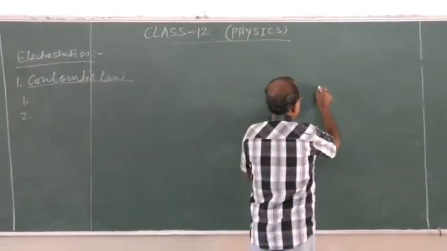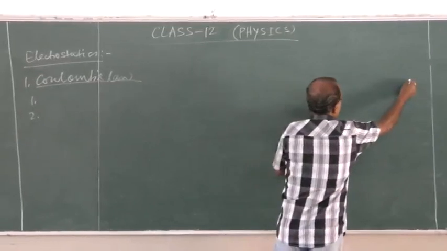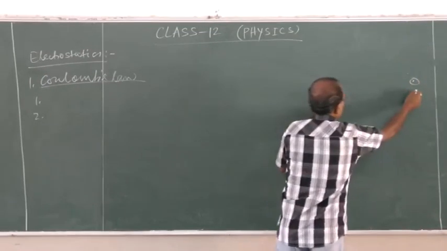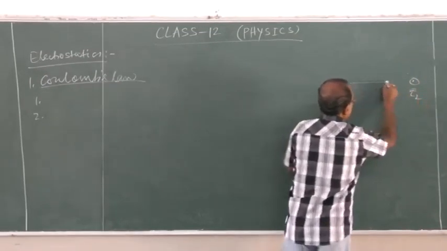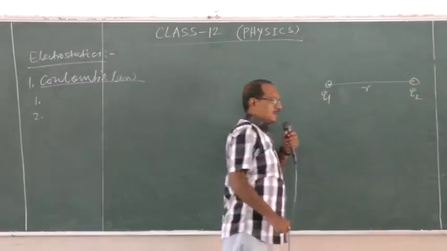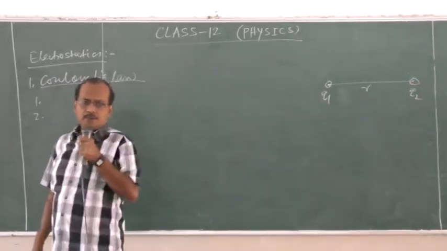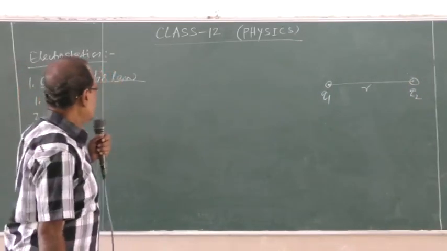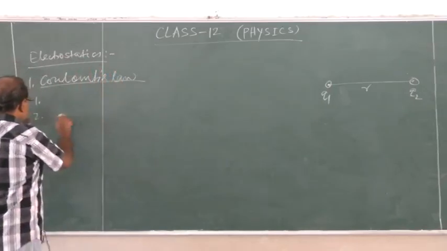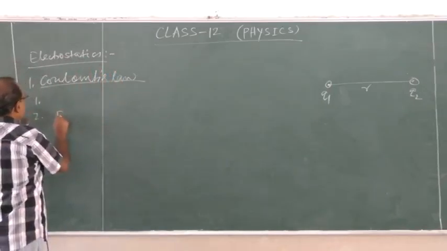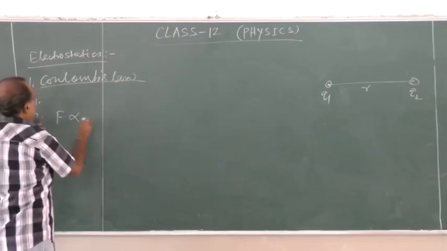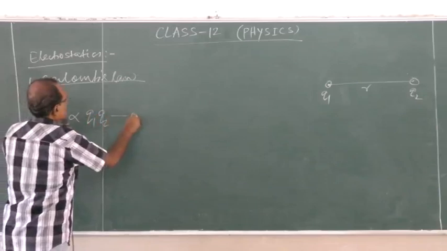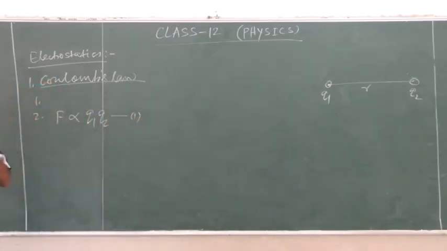Now say two point charges are there, Q1 and Q2. These two charges are separated by a distance small r. So then the attraction or repulsion force F is directly proportional to Q1 Q2. This is relation 1, Q1 into Q2.